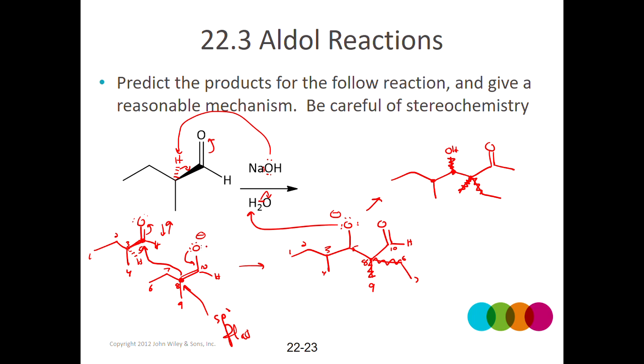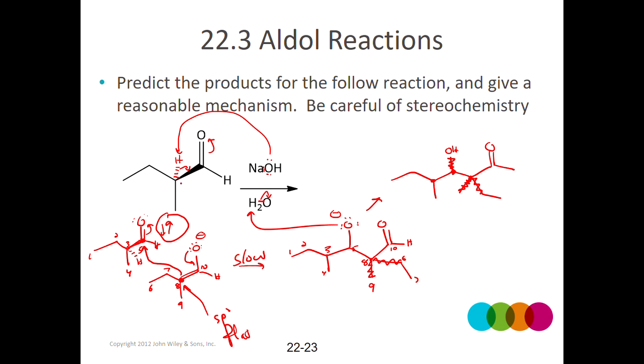But you have to keep in mind that removal of this alpha proton to produce a flat carbon is a reversible process. Some molecules that will happen to, and then they will go back, and that will usually go back and forth many times before the slow step occurs, which is the next step.